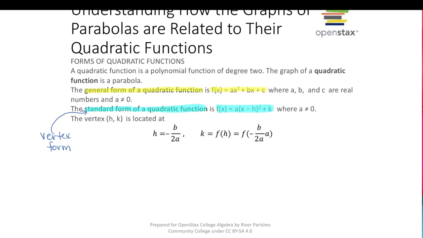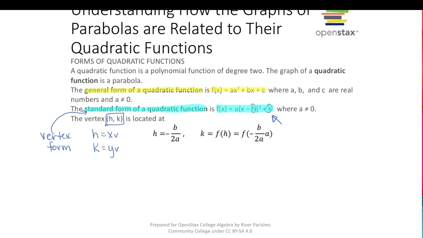That x minus h squared plus k with the a in front should bring back memories from transformations, right? Now, what's nice about this formula is that you can see the vertex. The vertex is h comma k. So h is the x coordinate of the vertex and k is the y coordinate of the vertex. So that's nice right there.